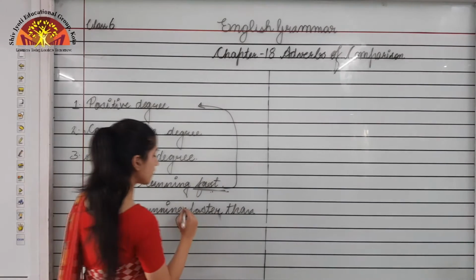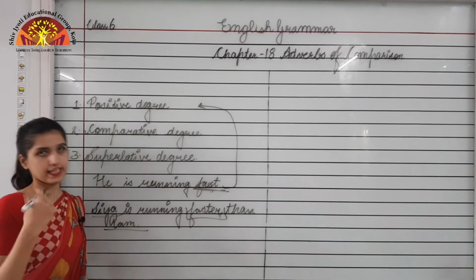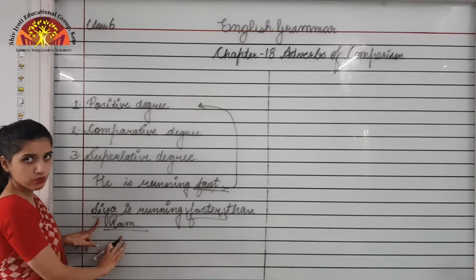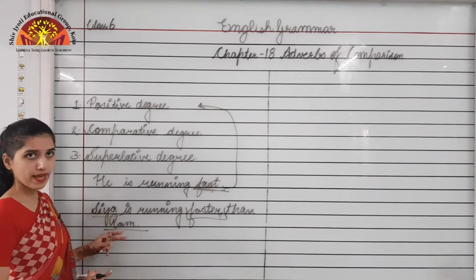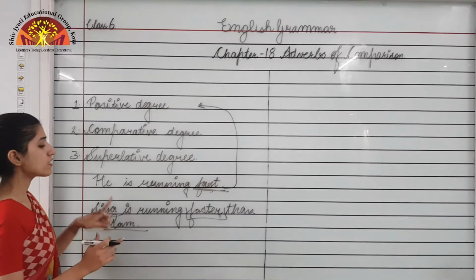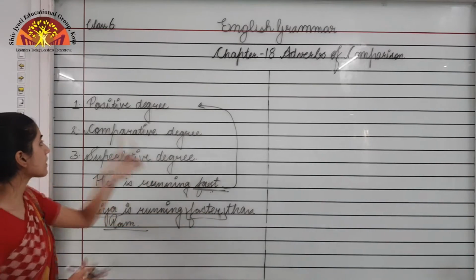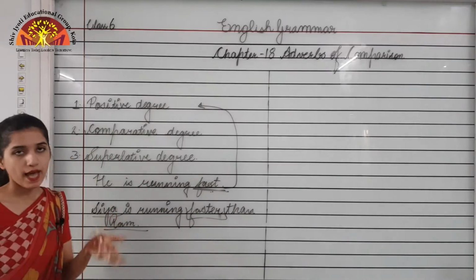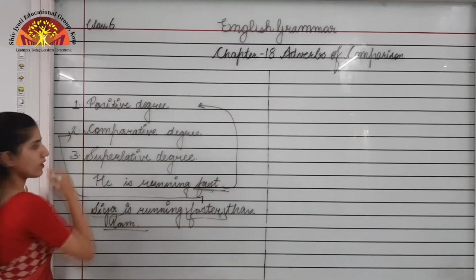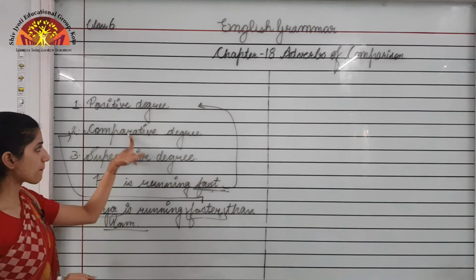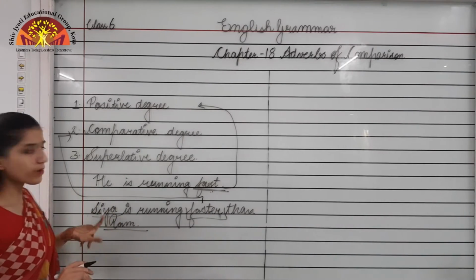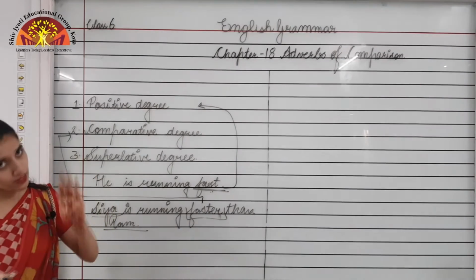That is why I have used faster as an adverb. I am comparing between two nouns over here, two things, isn't it? So faster is the comparative degree of comparison, because we are comparing between two persons, Sia and Ram.